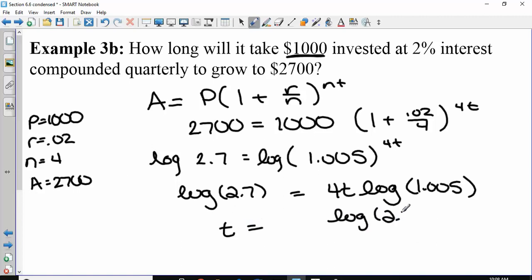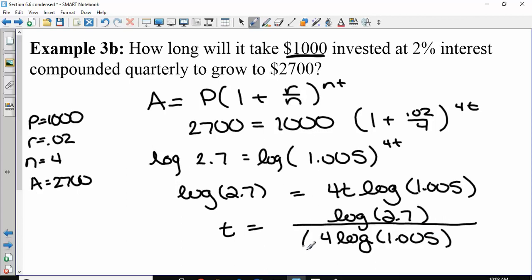So then to get t by itself, we have to divide by the 4 and the log 1.005.